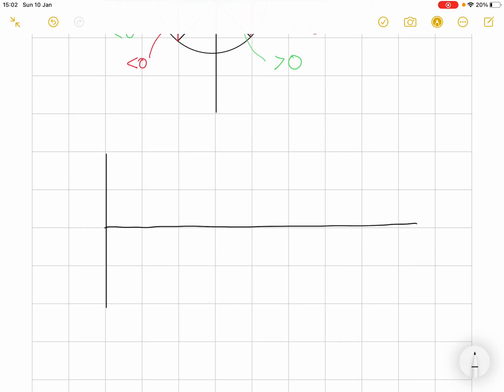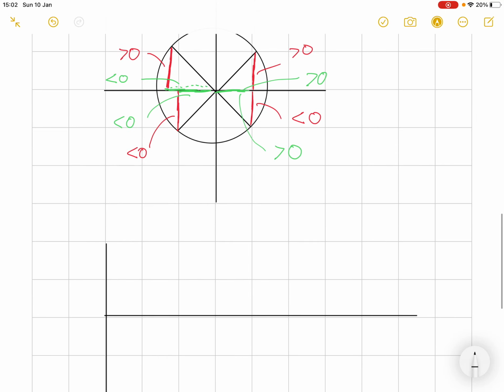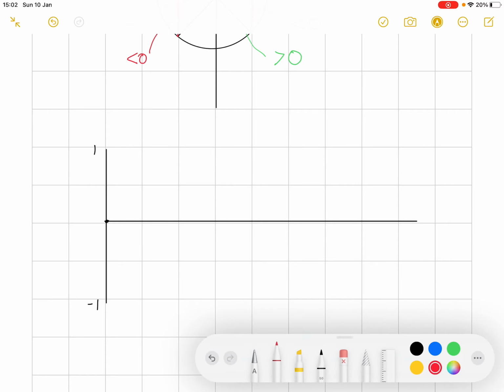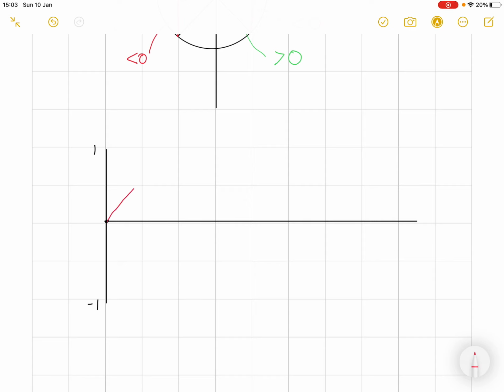Now I'll only do this for positive values because you'll see why. So as we open this triangle up from 0 to 90, we know that sine starts at 0. It won't go any larger than 1 or smaller than -1. So sine starts at 0 and curves up to about here.